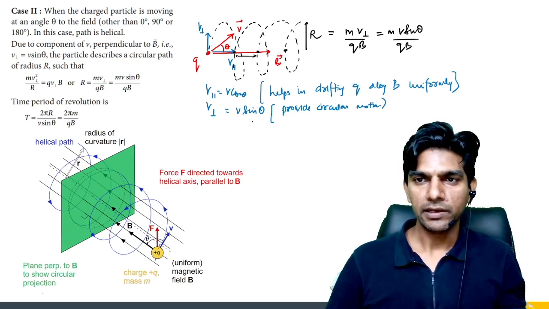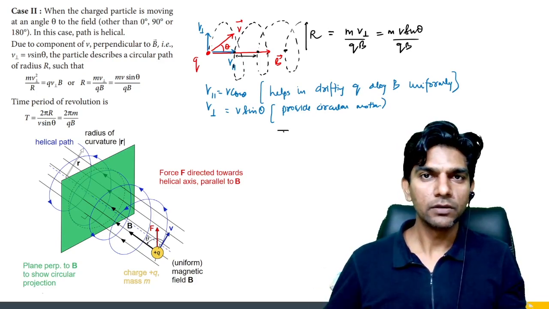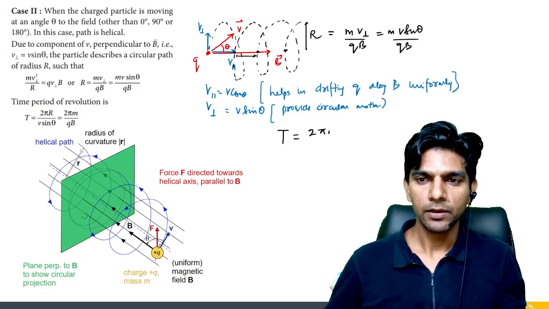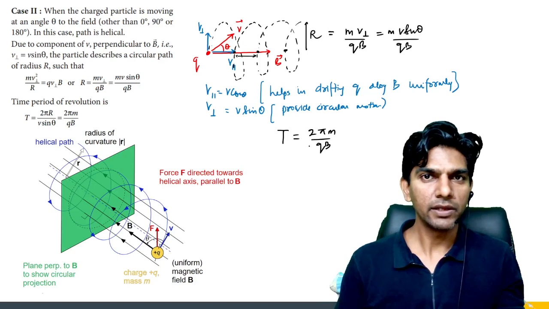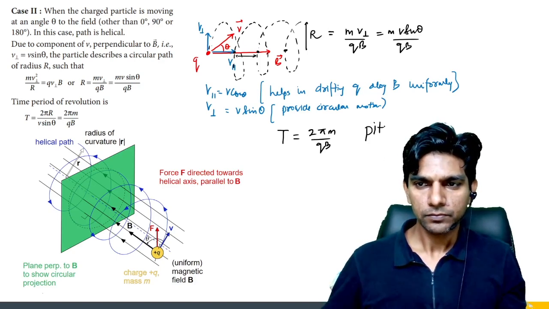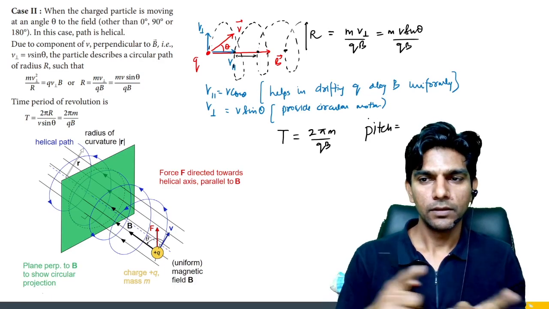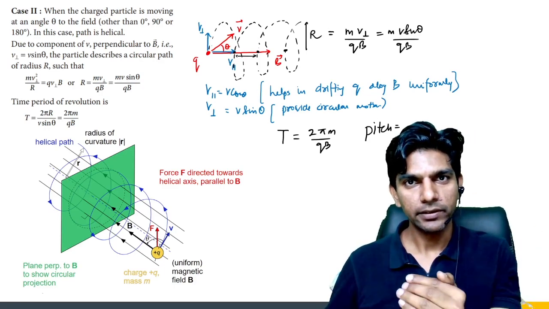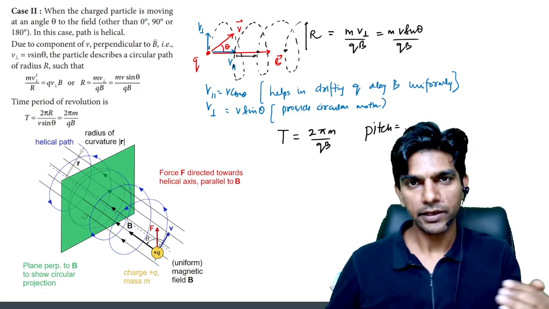Before that, let us find the time period of one rotation. So T will be 2 pi m by qB. So it will remain the same. And what is the pitch? Pitch is the displacement in the direction of magnetic field, and it is a uniform motion in the direction of magnetic field.